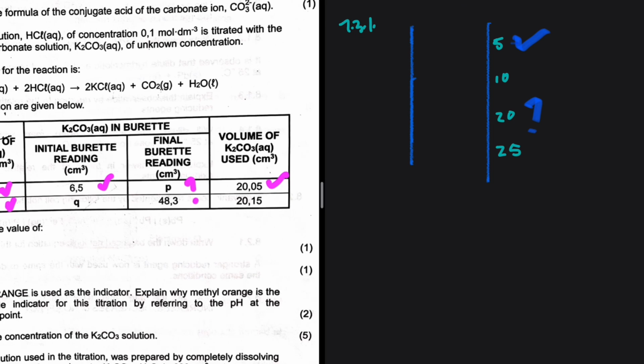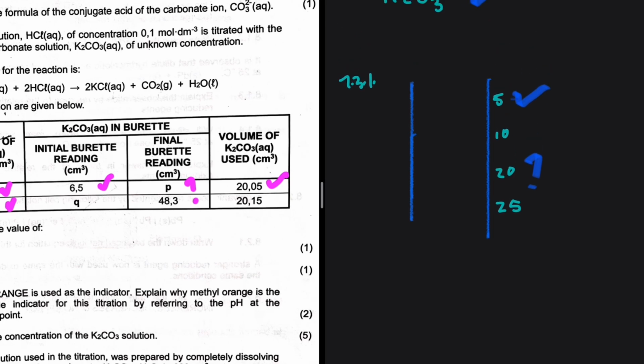So the volume of K2CO3 used is 20.05 in run 1, and the initial reading on the burette was 6.5. So the initial reading was somewhere here, 6.5, and we know that 20.05 is used. What should the final reading be? We just say P equals 6.5 plus 20.05. Let me put that in my calculator.